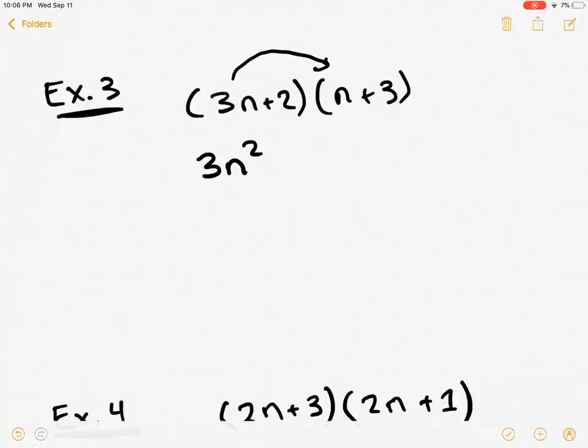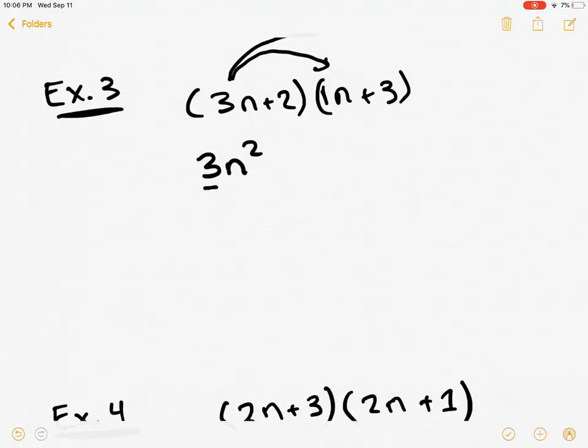If you notice here, when one of the terms has a coefficient to begin with, we can multiply the coefficients together, 3 times 1, which gives a coefficient of 3. Then we multiply our variable terms together as well, like we did previously. The variable n times n gives you n squared.